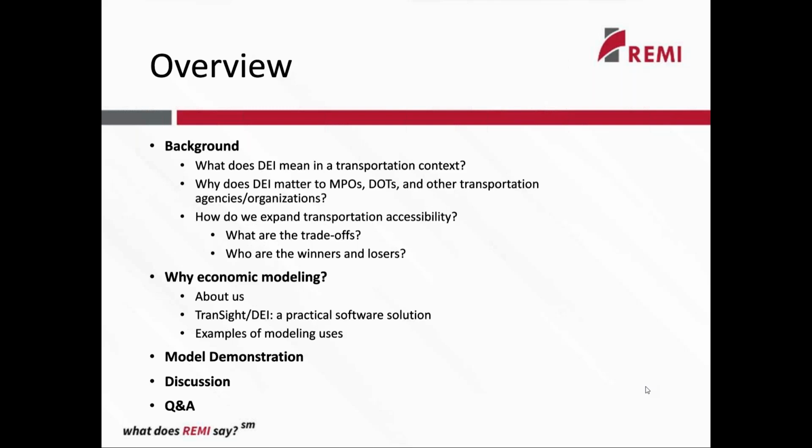We'll also talk a little bit about why DEI matters to NPOs, DOTs, and other transportation agencies and organizations specifically. And then we'll begin talking about transportation accessibility and what that means in the context of DEI. From there, we'll go into why economic modeling.